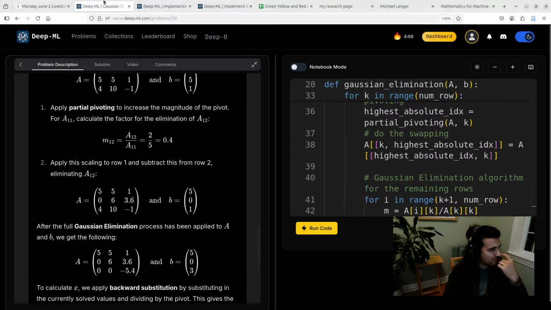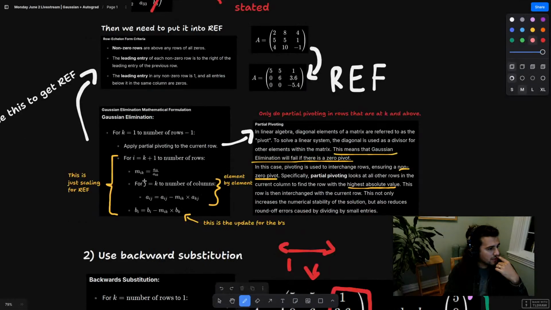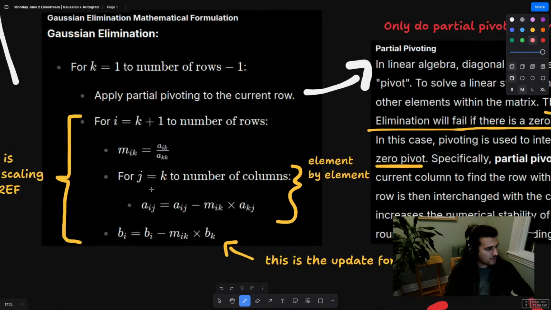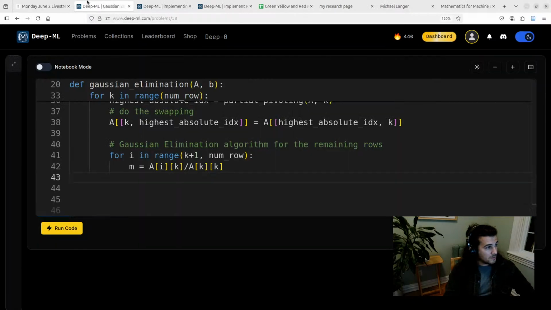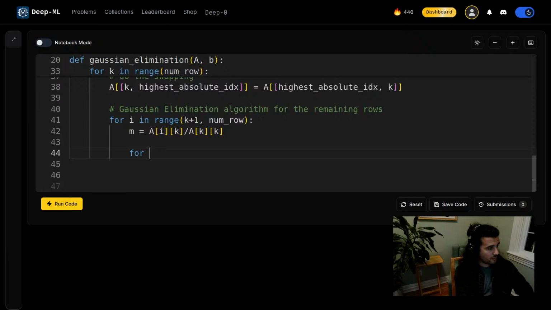We're not eliminating 5. I think there's some issue in how it's written, because we're eliminating the thing below. We're not doing just the k one here. Anyway, we're gonna work with what we have.